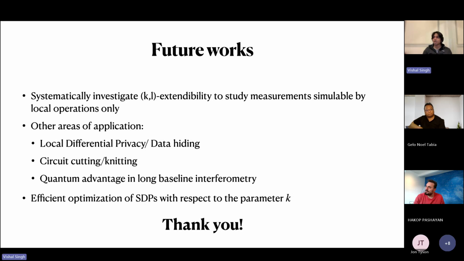I guess maybe I said the opposite thing, that we get a lower bound using the idea of k-extendibility. I don't know if I made it clear. Maybe if I draw diagrams. Yeah, sure.